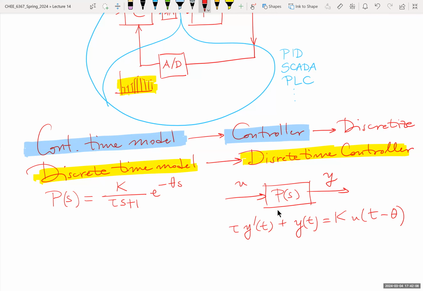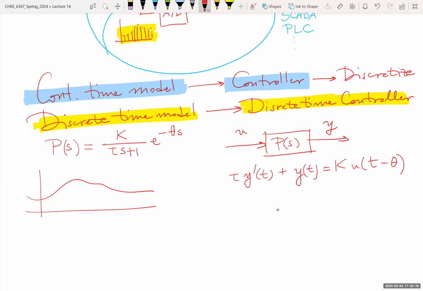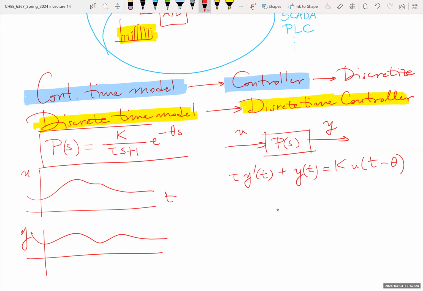Okay, so it turns out, as we explained last time, that this is a model that tells us if I have an input like this, I'll have an output like that, according to either this model in Laplace domain or this model in the time domain.